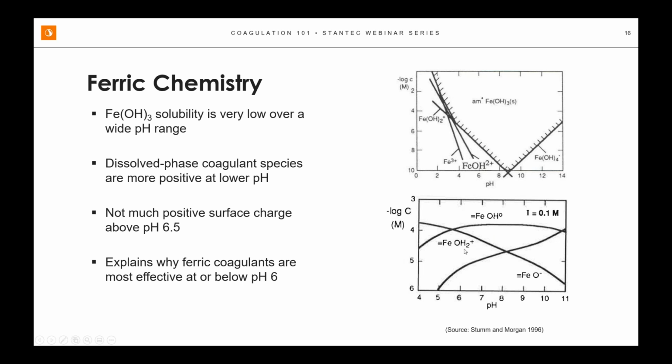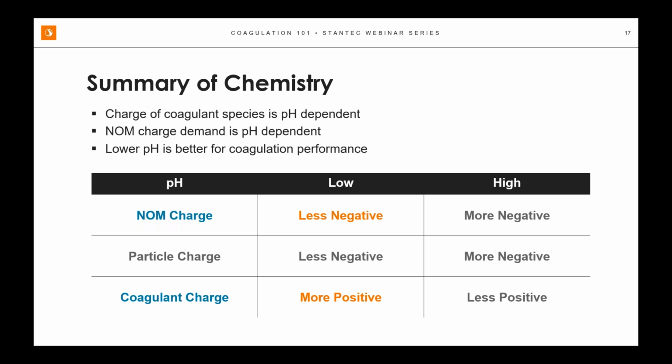These positive surface charges don't show up in appreciable concentrations until you're in the mid to low 6s. So that's why in a lot of places you won't be able to use ferric coagulants very effectively until you drop that pH down to 6, 6.5, or 6 in some cases. Okay, so ferric is a low pH coagulant if you really want it to be working well.